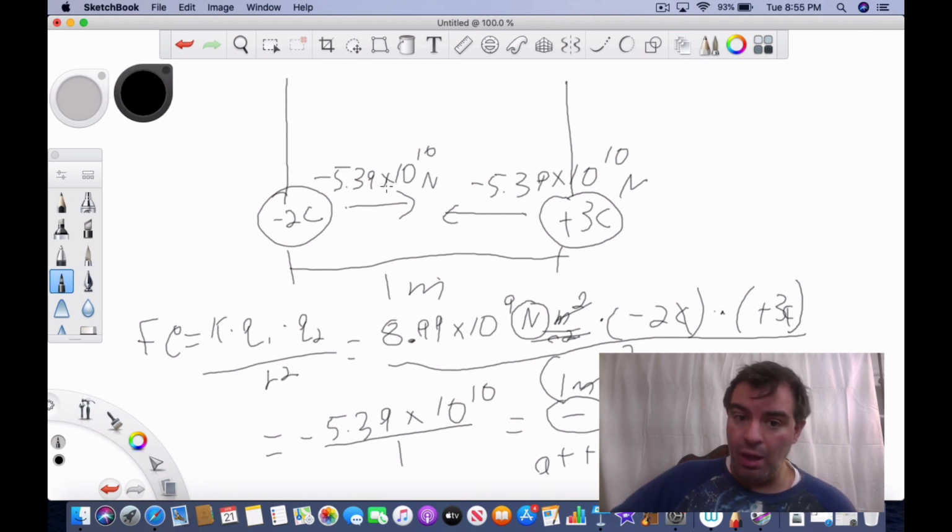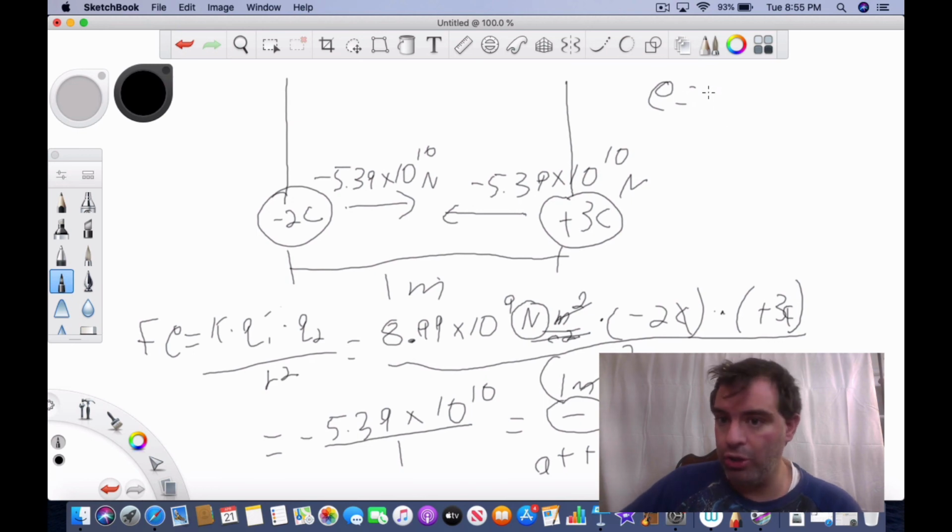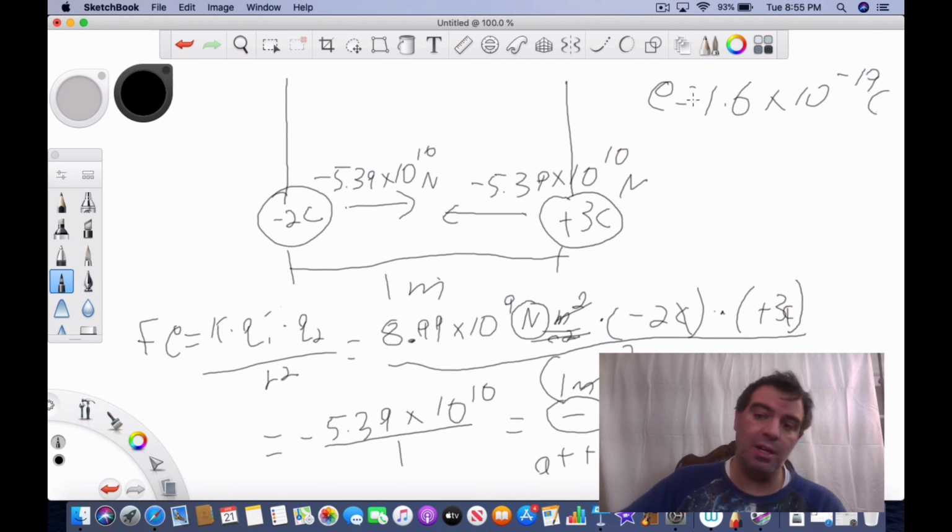The only thing I have to add is to be careful. Sometimes they may not give you coulombic charges, but rather say this is one electron and this is another electron, and ask you to calculate the electrostatic force. In this case, you have to remember that an electron carries an elementary charge of 1.6 times 10 to the -19 coulombs, as we discussed in a previous video, and that is negative.